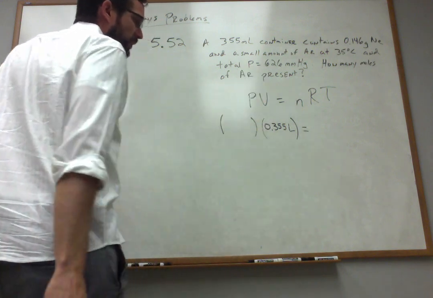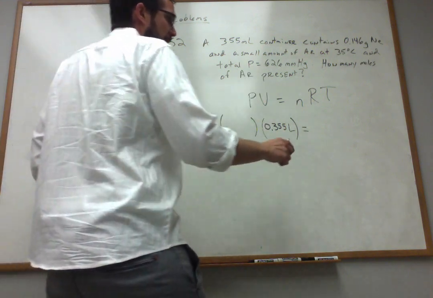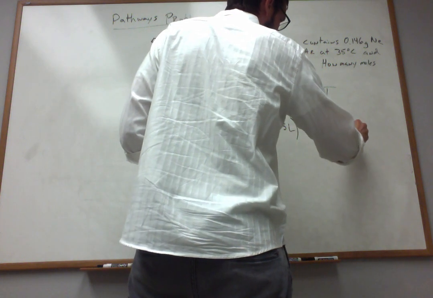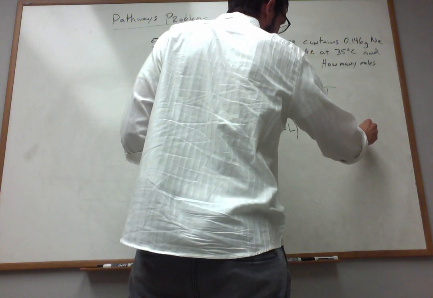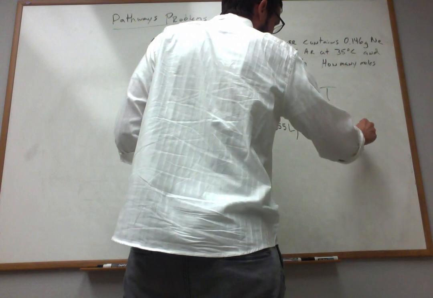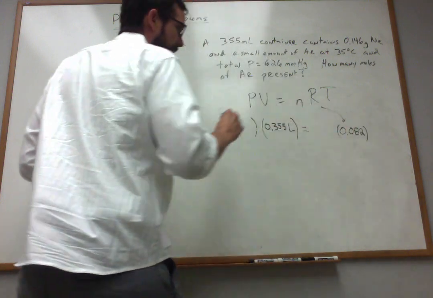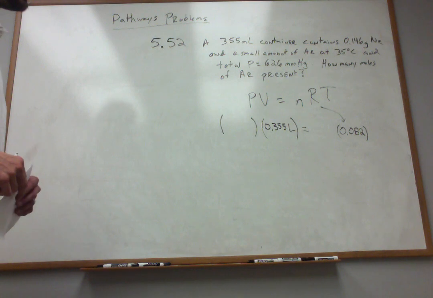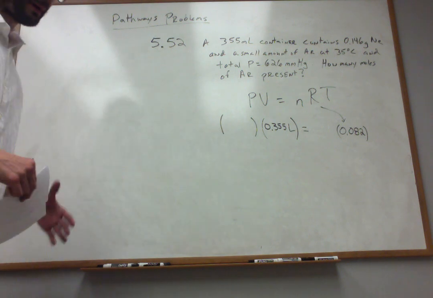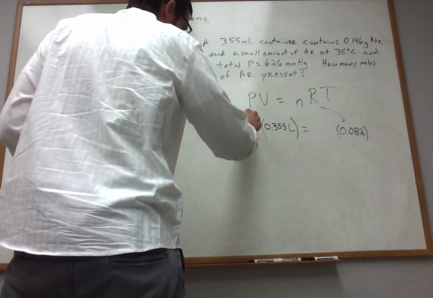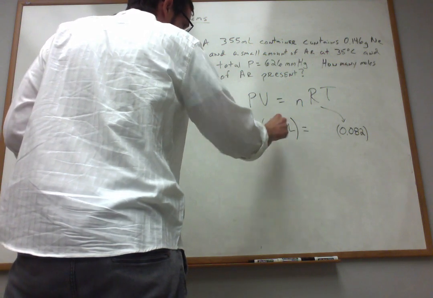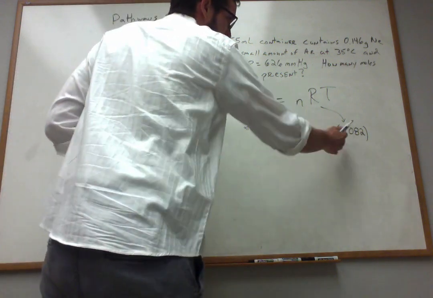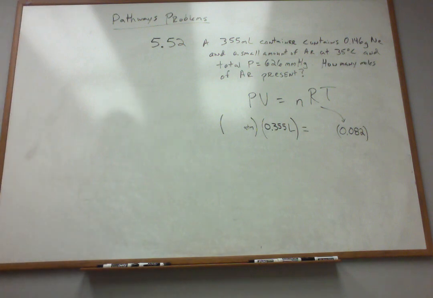I did that in a single step because I know that I ultimately want to use this 0.082 value from my R over here. And if I do so, I need to use liters for my volume and I need to use atmospheres for my pressure. Okay? I just always work these problems using liters, volume, and atmospheres, and I can remember this number in my head. It makes it a lot easier, okay?